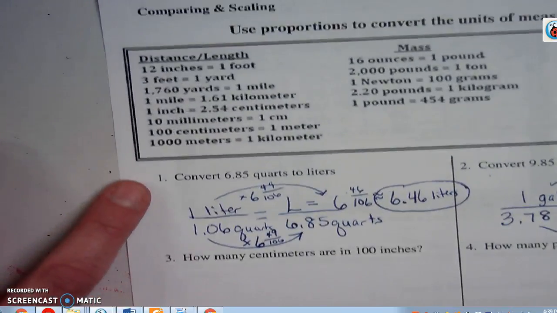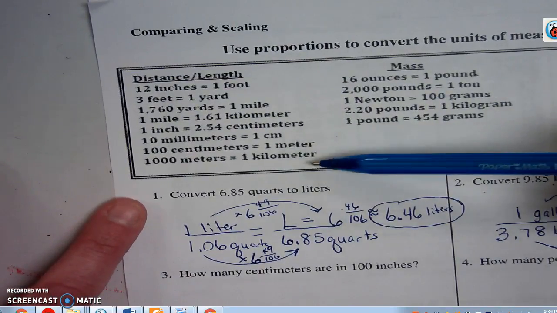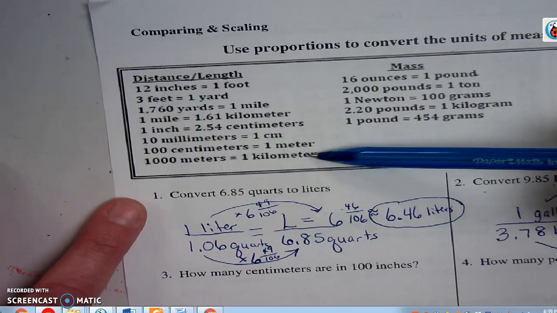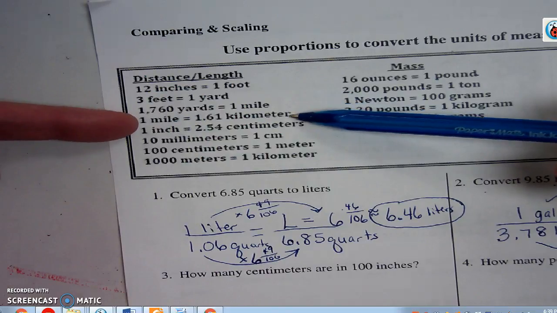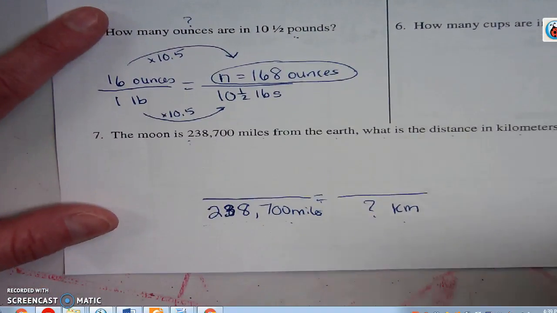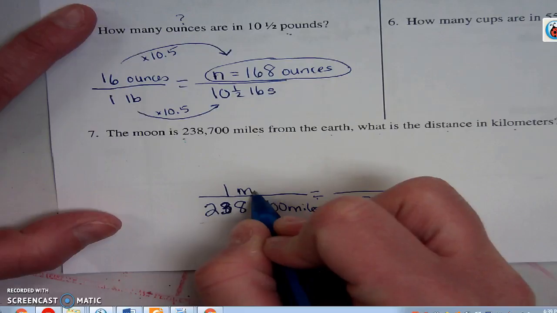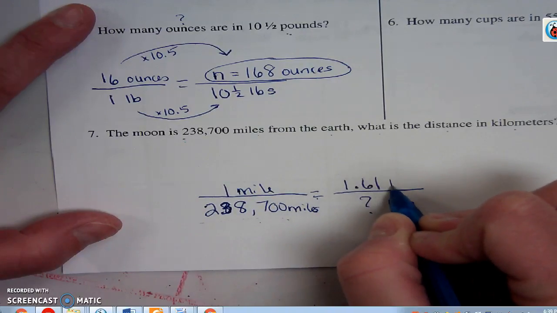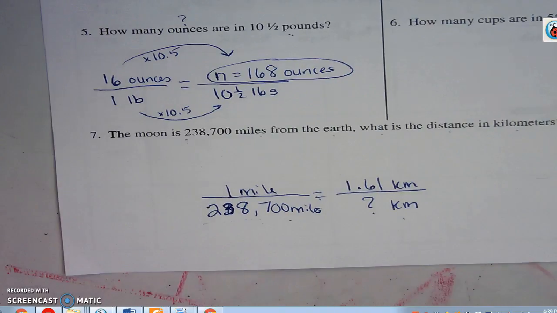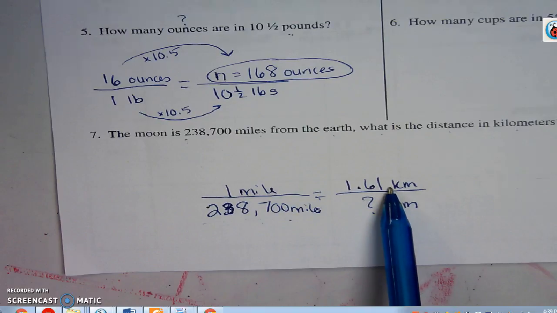I know up here at the top I can find a conversion between kilometers and miles. There it is, 1 mile and 1.61 kilometers. So I could set it up like this. I could write 1 mile equals 1.61 kilometers.